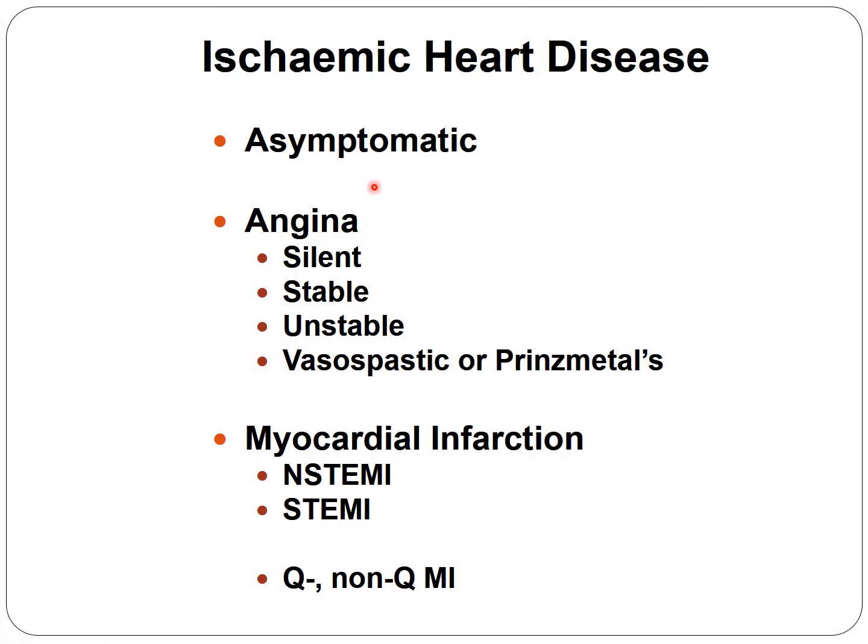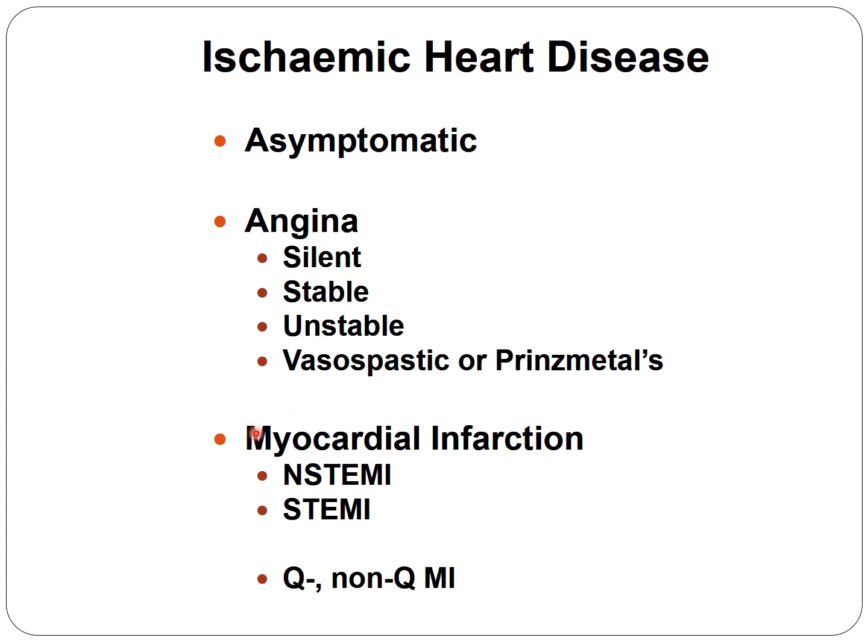Ischemic heart diseases can be classified based on the clinical symptoms. Not every ischemic heart disease has symptoms. There are some that are asymptomatic. Another one is angina, which is a very characteristic pain. Angina, however, can be silent, stable, unstable, and vasospastic, or Prinzmetal as it's called.